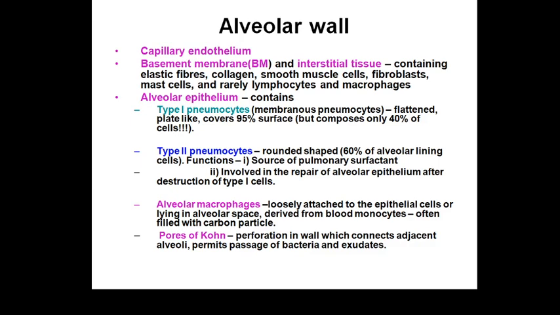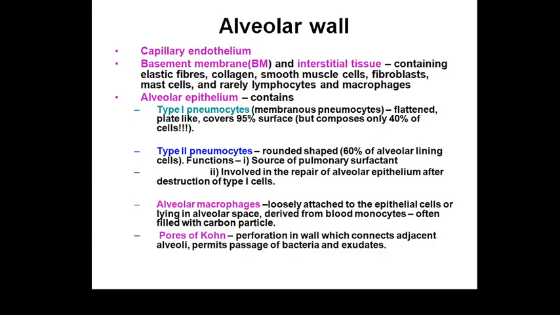Now coming to the histology of the respiratory tract, apart from the vocal cord, which is covered by stratified squamous epithelium, the entire respiratory tree including the larynx, trachea, and bronchi is lined by pseudostratified tall columnar ciliated epithelial cells, along with admixed mucus secreting goblet cells, that is the respiratory epithelium.